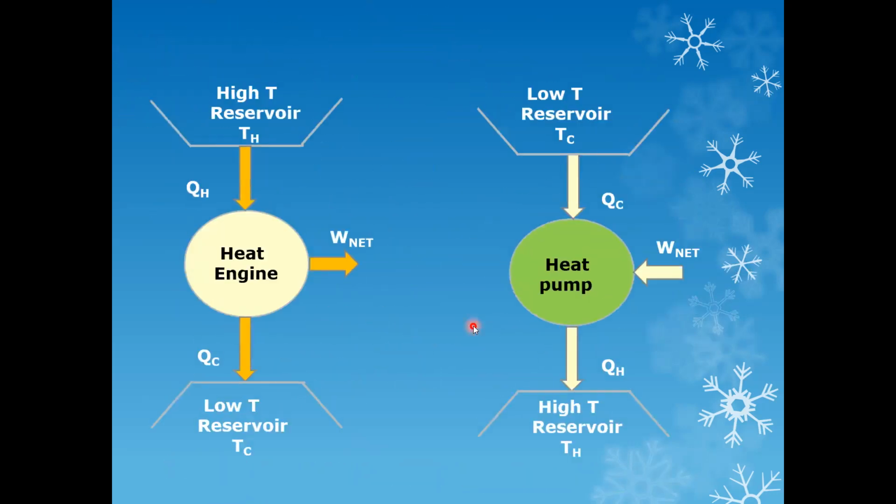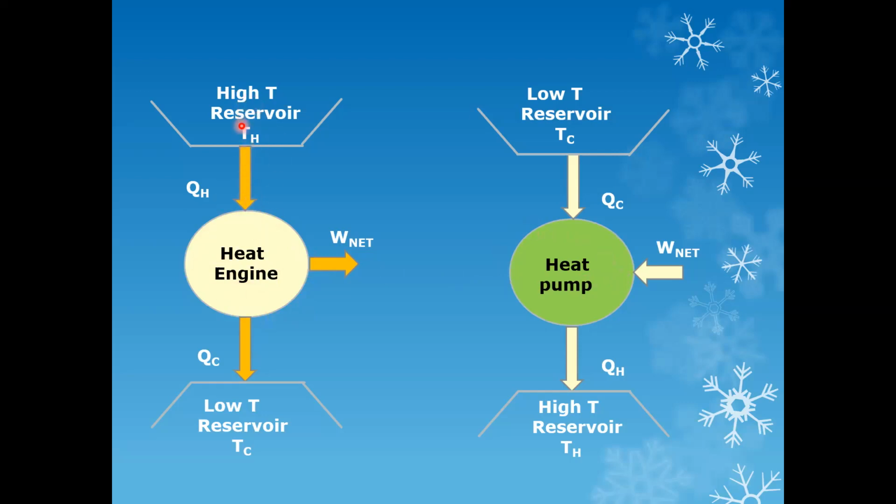So remember in our previous lecture, the cycle in the TS diagram goes through a clockwise direction. But later you will notice that we are now moving in a counterclockwise direction on the TS diagram. So let's first differentiate a heat engine and a heat pump. The heat engine, this is what we discussed before.